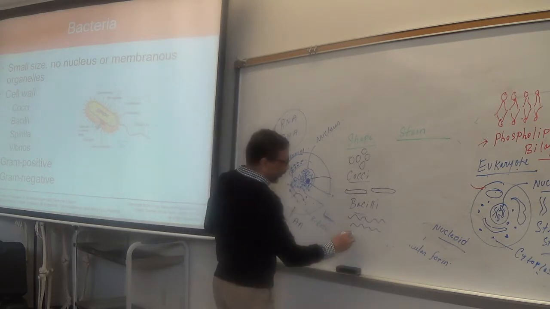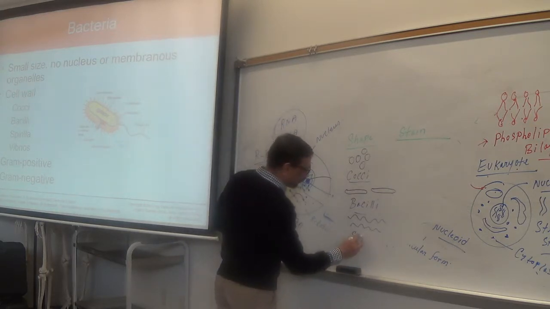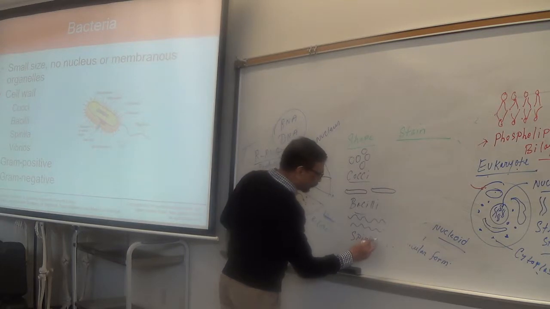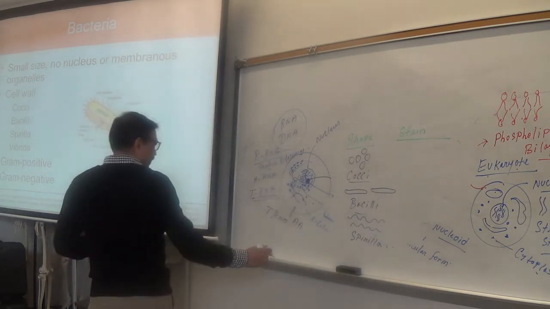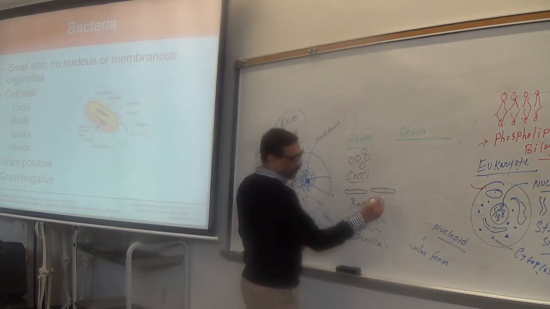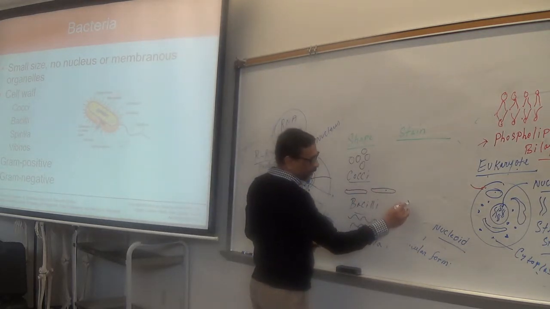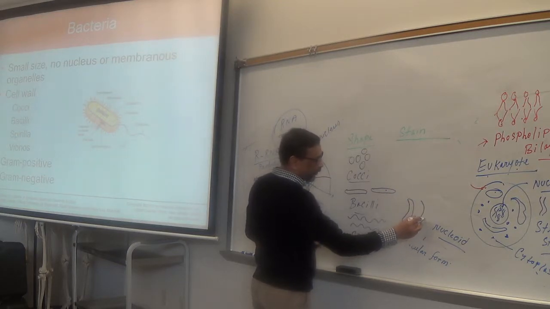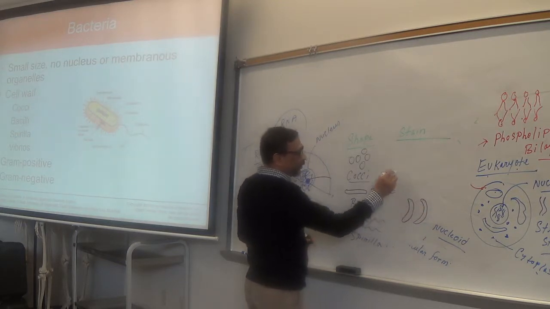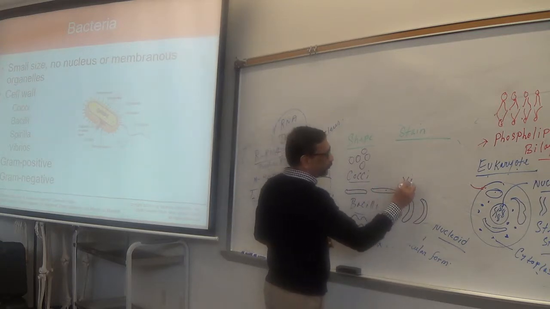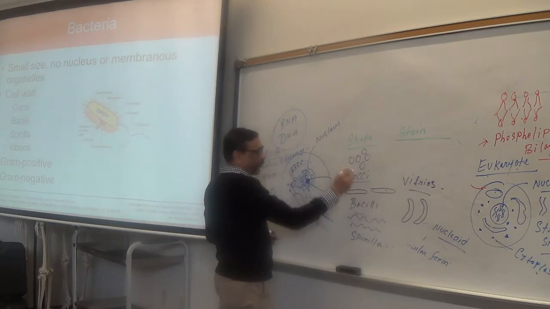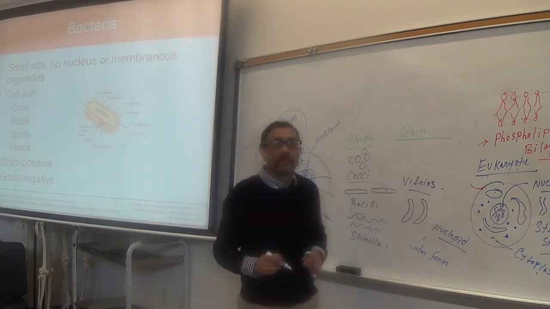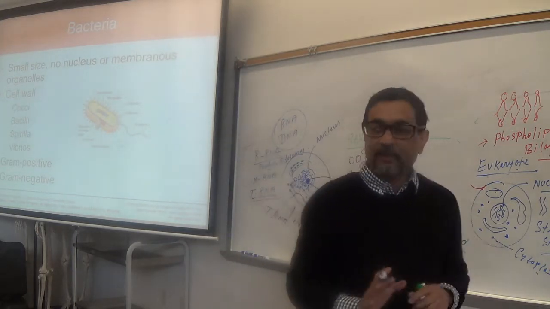And vibrio are rod shaped but slightly curved like this, not a straight rod shape. So those are based on the shape of the bacteria.